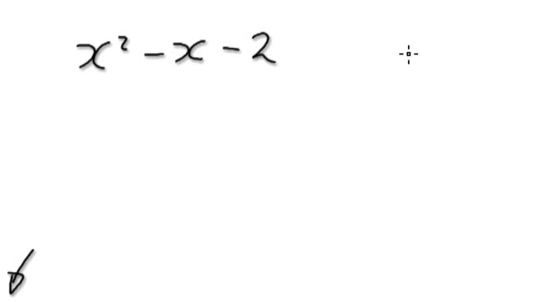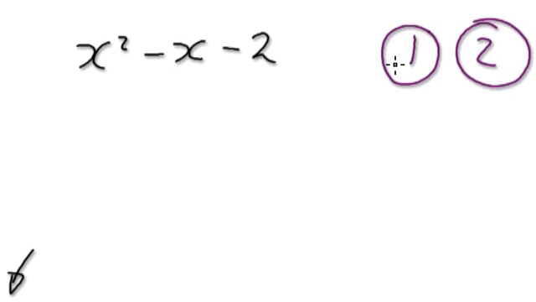Okay, so how can I create a 2 or a negative 2? Well, I'm going to use a 1 and a 2. 1 times 2 will give me 2. Now one of the two will have to be negative because this is a negative 2. How would I, from a 1 and a 2, create a negative 1? Well, if I stick a negative in the 2 here, then it will work.